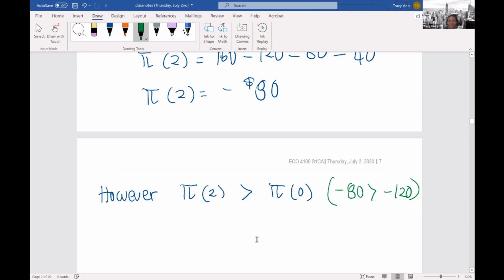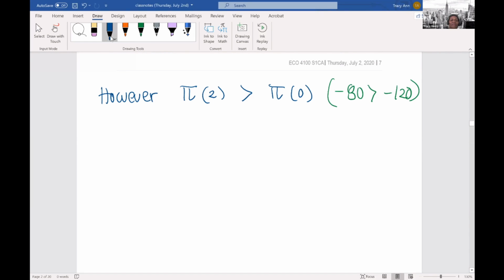So since the firm is able to still make a loss that is better than a loss of fixed cost, he'll go ahead and produce. Okay? So what is happening? Let's look on the graph.